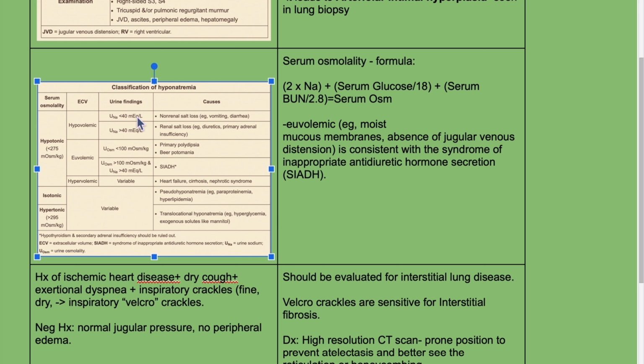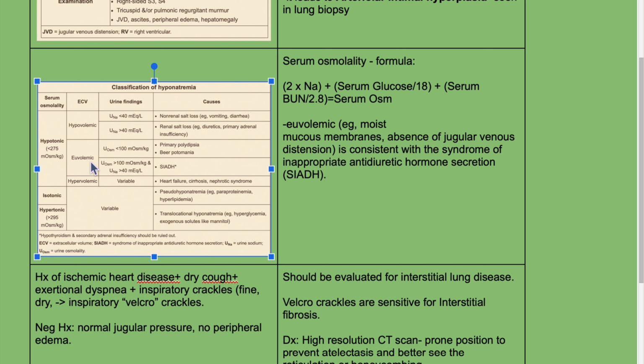That's why you have a low amount of that. If you have a lot of sodium coming out, it could be renal salt loss, like you're taking diuretics, or primary adrenal insufficiency, where you have a decreased amount of aldosterone.